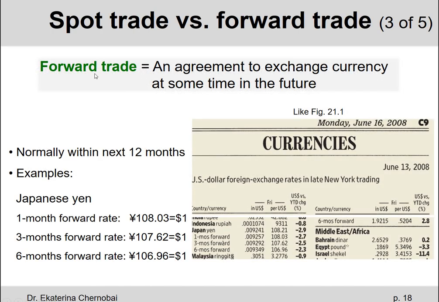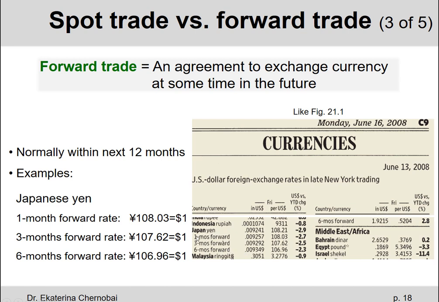So let's focus on the forward trade, which is something new. It's an agreement to exchange currency at some time in the future at the exchange rate agreed upon today. If you look again at that table with quotes for different countries' currencies, for the world's important currencies, such as, for example, the Japanese yen, you will see a few additional rows.